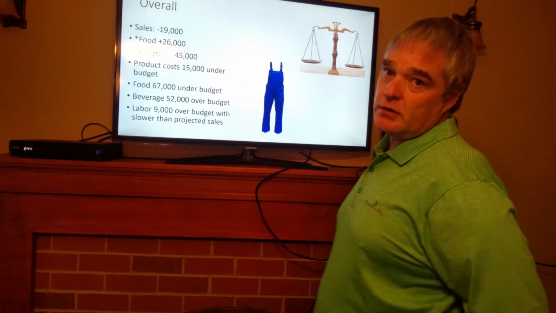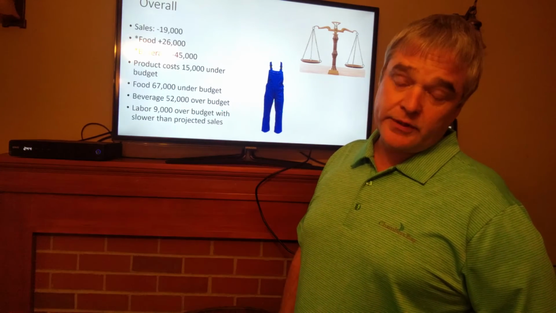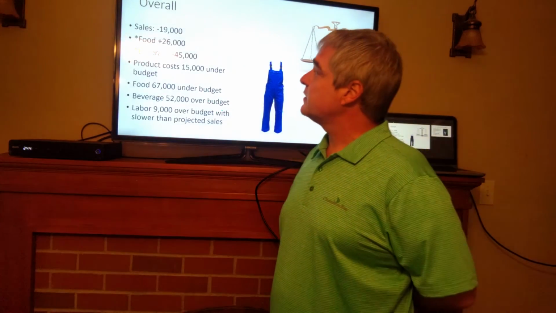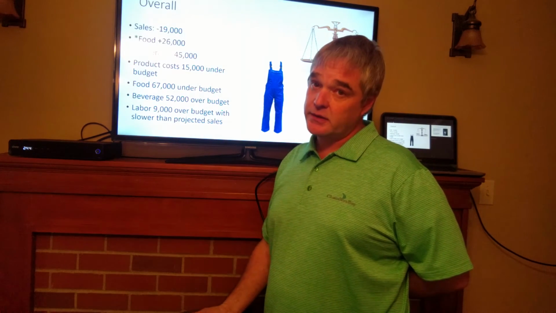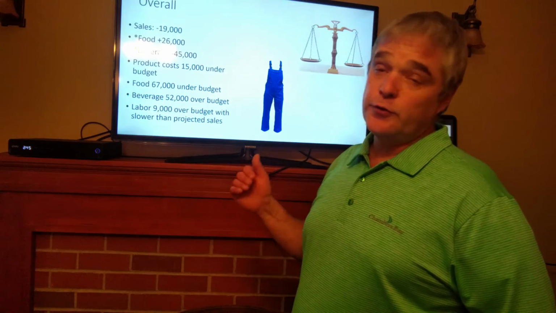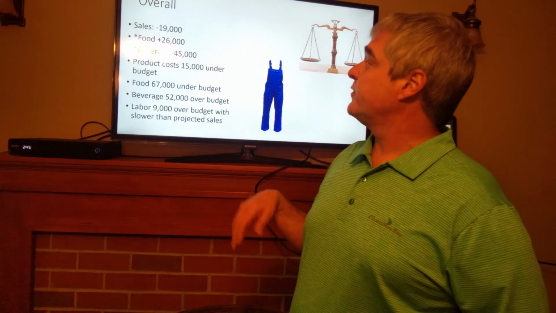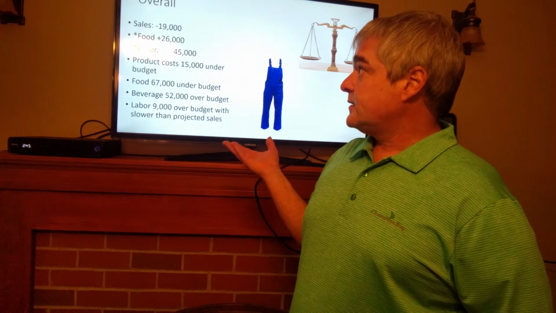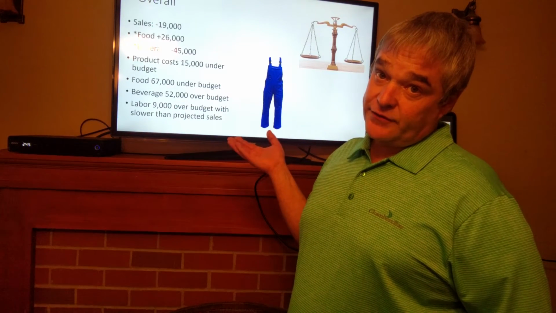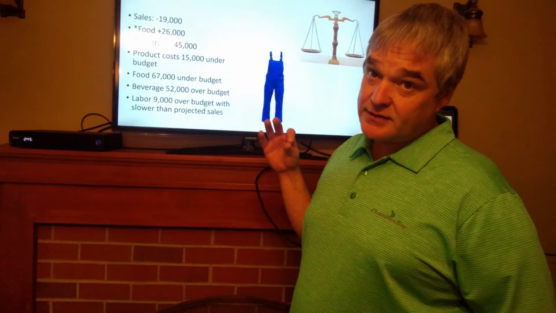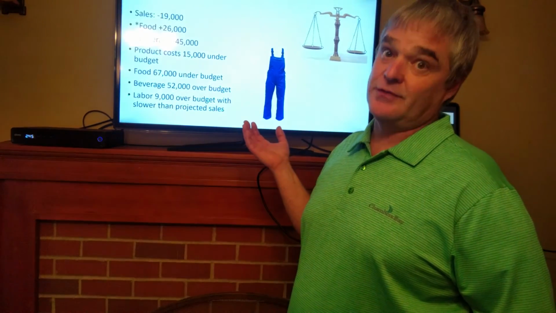So overall, what we're looking at with the P&L and the budget is that with the comparison, our sales are $19,000 under what the projection said it should have been, with the food being at a plus 26, but the beverage being at a minus 45. Overall, that's kind of good, but we need to figure out why that minus 45 is there and try to turn that to a 0-0 or a plus 45 would be fantastic.